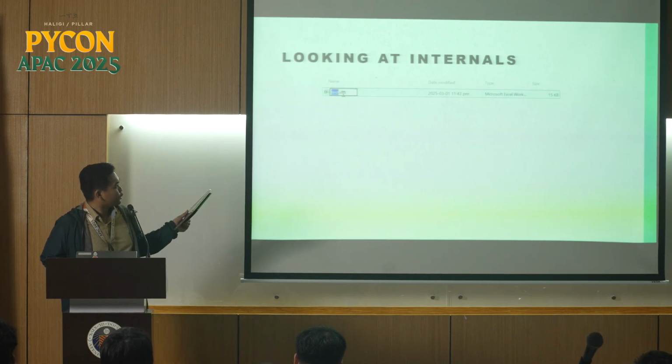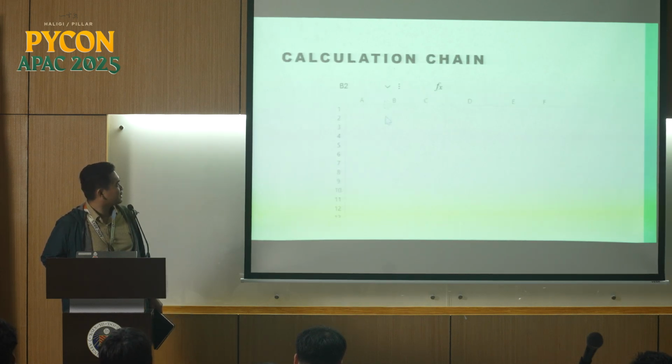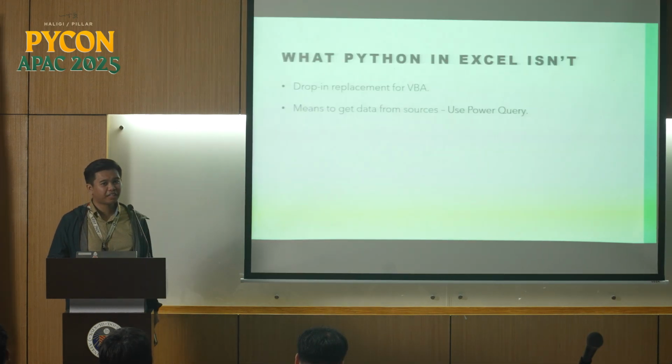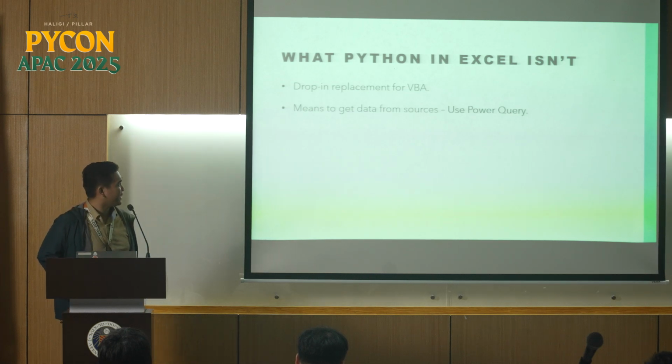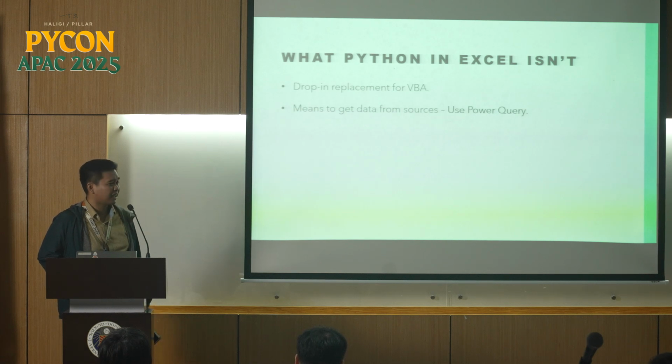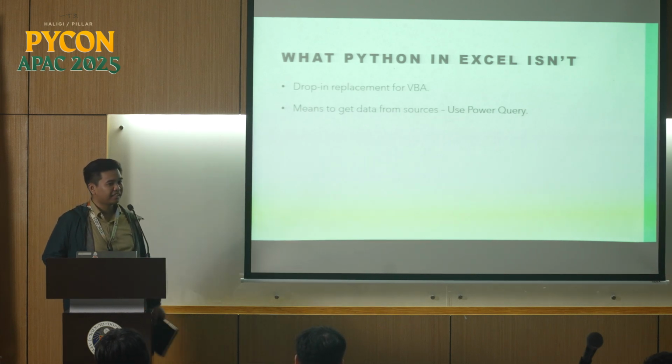So before I show you this video, maybe I can show you the last bit. Python in Excel so far, based on experience, is not a drop-in replacement for VBA. If you want means to get data from sources, Power Query is still the best way to do that.